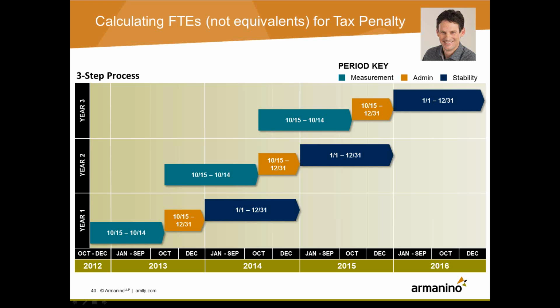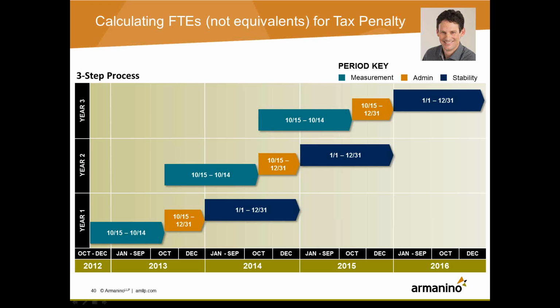And the stability period is the period in which the employees that you determined were full-time or part-time during the measurement period are going to continue to be full-time or part-time during that stability period, whether or not they work 10 hours or 100 hours during that stability period.